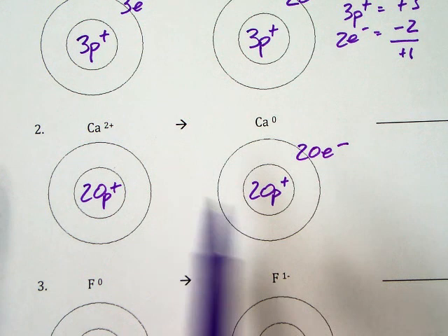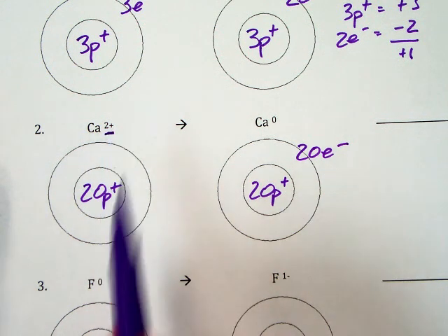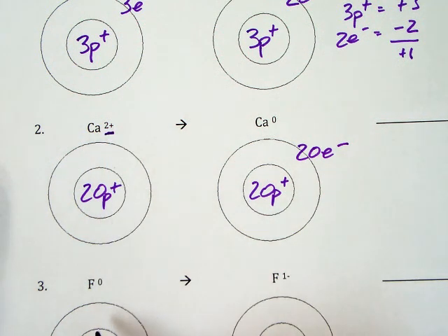Now, what you can think about here is, if I have an overall plus 2 charge on calcium 2+, should you have 18 electrons or should you have 22? Again, this is a little bit backwards because electrons are negative.